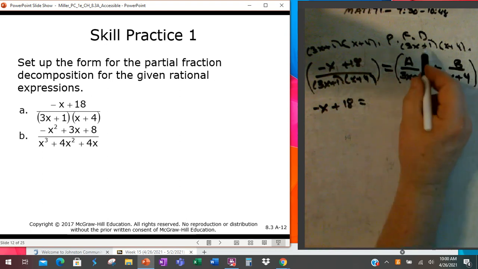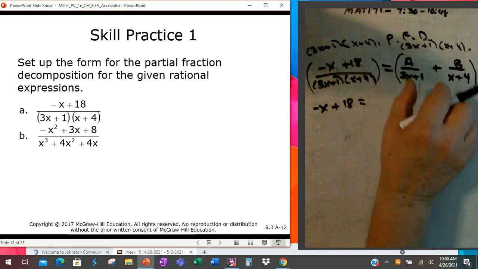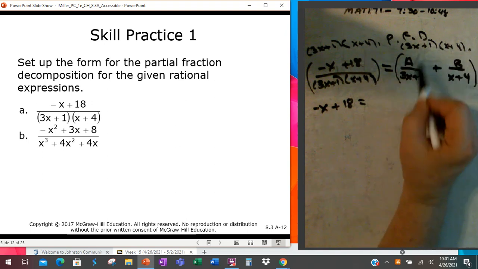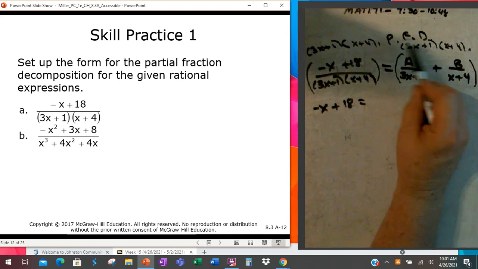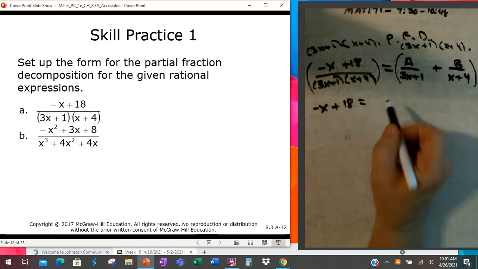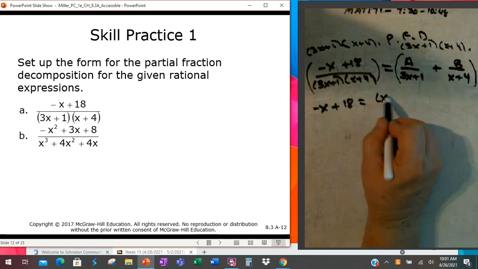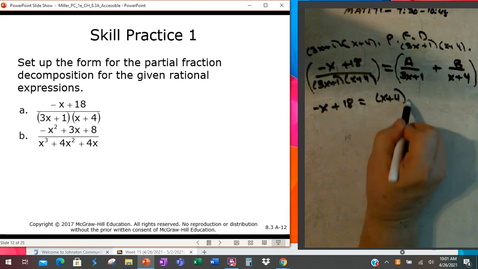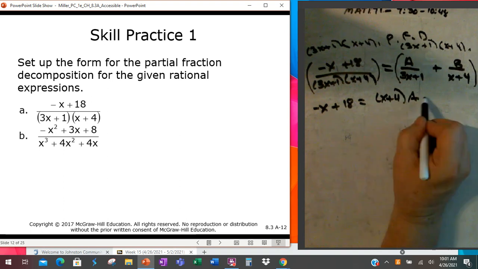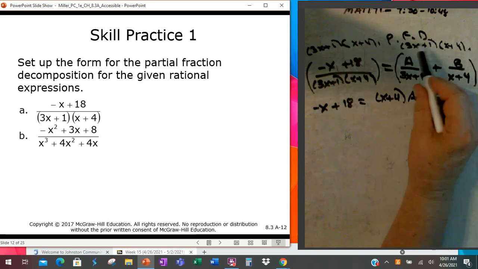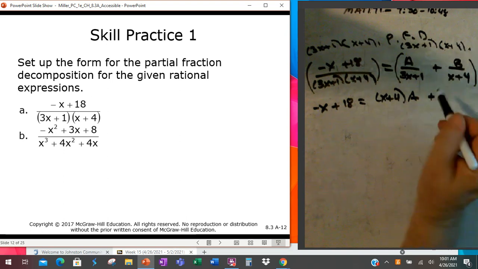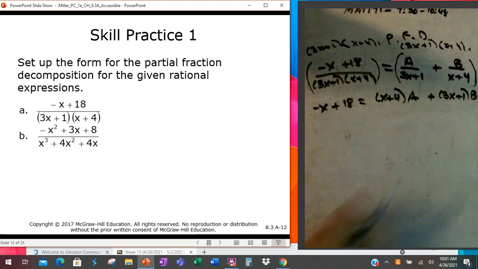And then here, this is going to multiply both of these. This one's going to cancel in this case because it gets here and here. 3x plus 1 goes out. I've just got the x plus 4 times A. This times here, the x plus 4 goes out, and then I get a 3x plus 1 times my B.